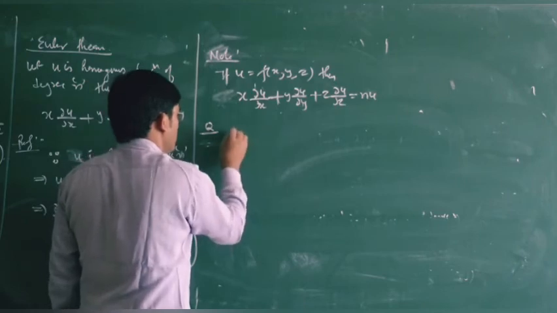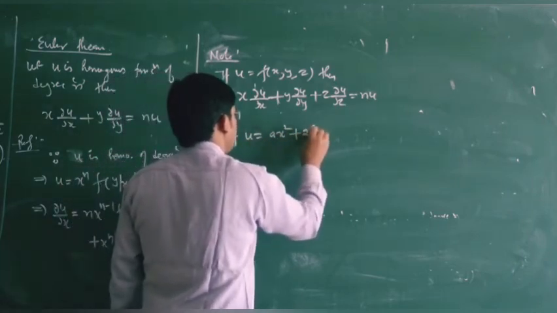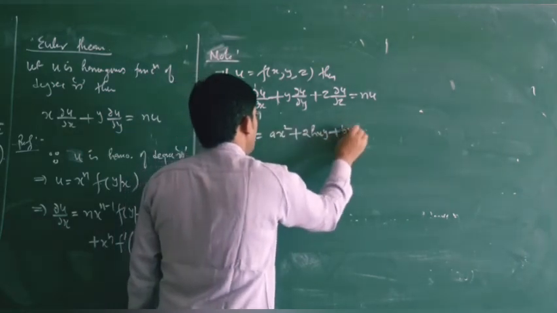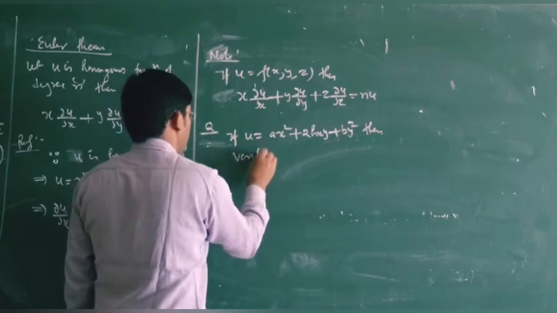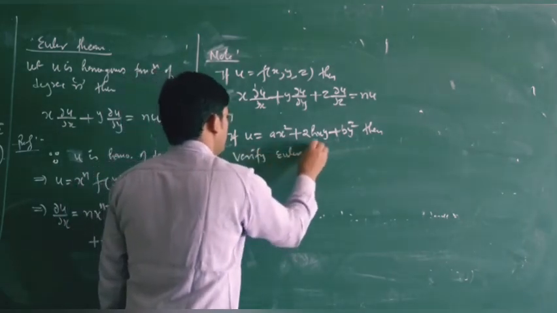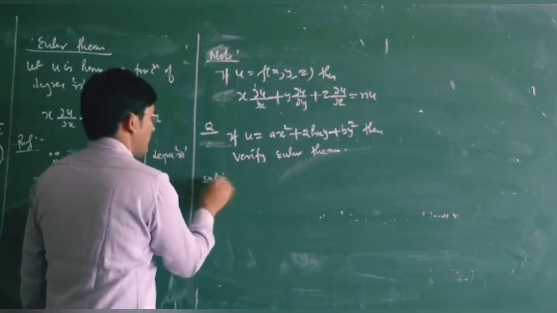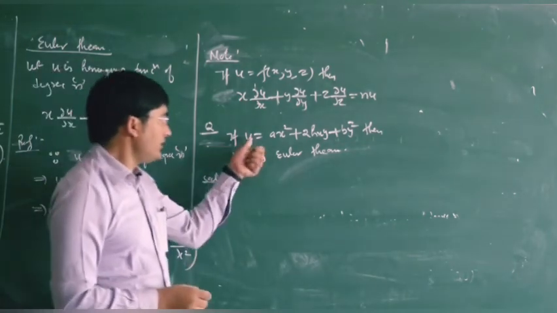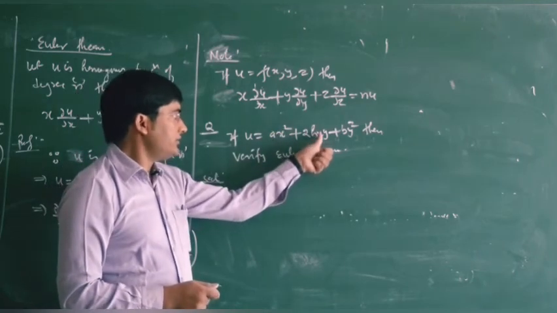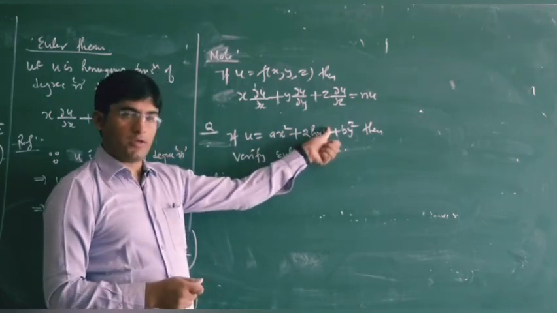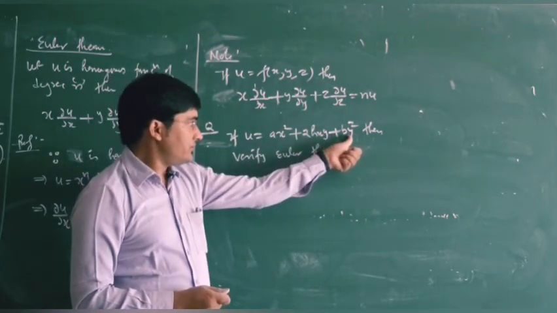Question: if u = ax² + 2hxy + by², then verify Euler's theorem. Solution: here you can see that u has degree 2 because this term has degree 2, and the degree of x is 1 and the degree of y is 1, so the powers get added and we have degree 2, and again here the degree is 2.